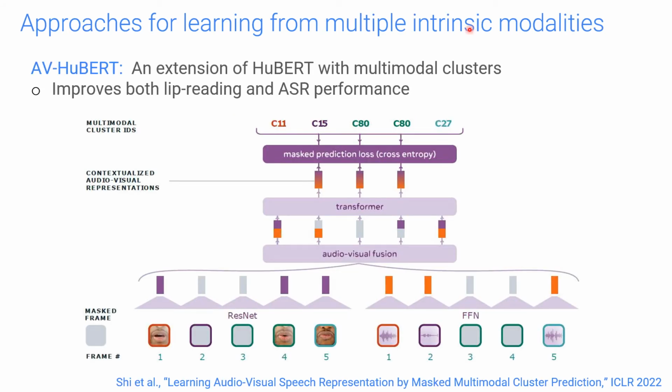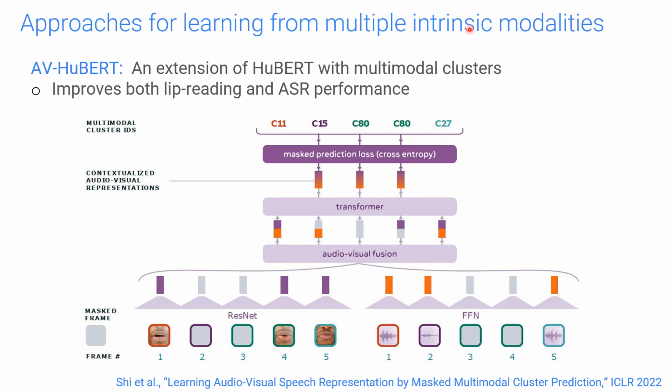Fast forwarding to this year, a multimodal extension of Hubert has been proposed for learning audio and visual representations jointly from audio-visual speech data, that is, speech audio paired with the corresponding video of the speaker's face. And like Hubert, which you saw in the previous section, the model is learned with a mask prediction loss to predict discrete cluster IDs, but now the discrete cluster IDs are learned from the audio and visual signals jointly.